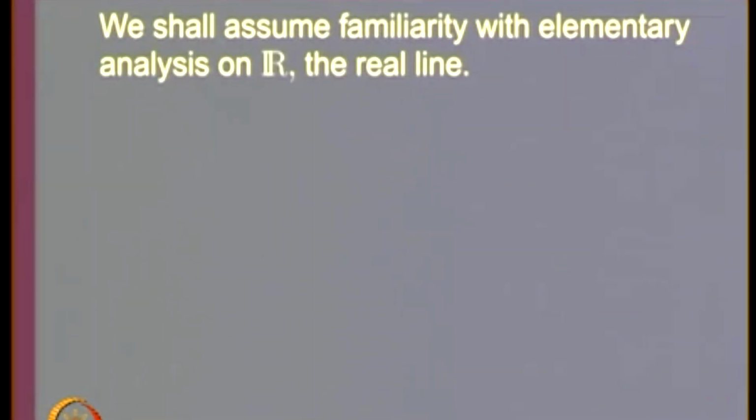So a basic course on real analysis is going to be assumed throughout this course. If you have difficulty in this, I would suggest you look up some elementary book on a first course in real analysis and go through these topics, so that you are not left behind and you are able to understand the concepts we are going to discuss.